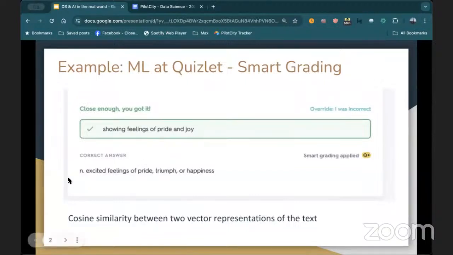For example, if the correct answer, while studying vocabulary, was "excited feelings of pride, triumph, or happiness," and you wrote "showing feelings of pride and joy," it would mark you wrong. This was a common complaint we heard from students. So from the ML team, we developed this technology based on ML and released it.